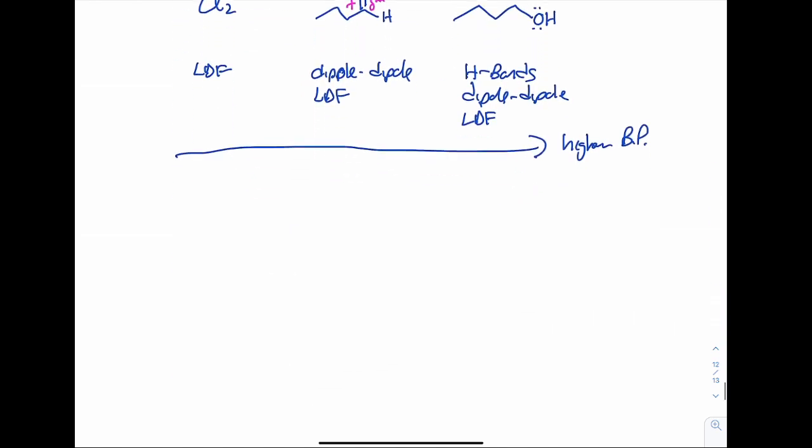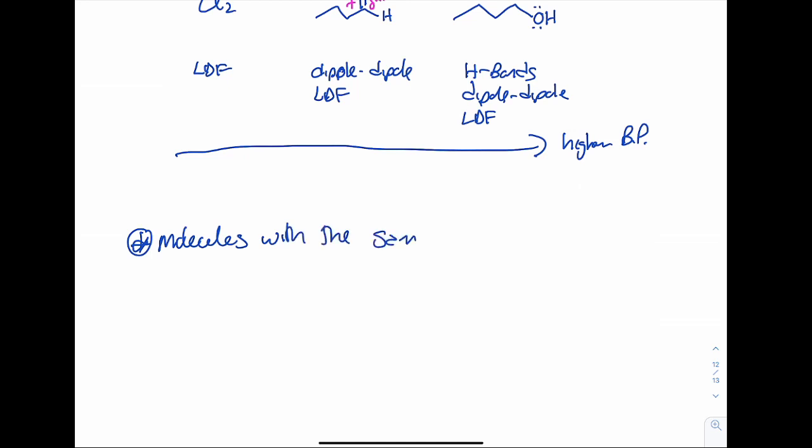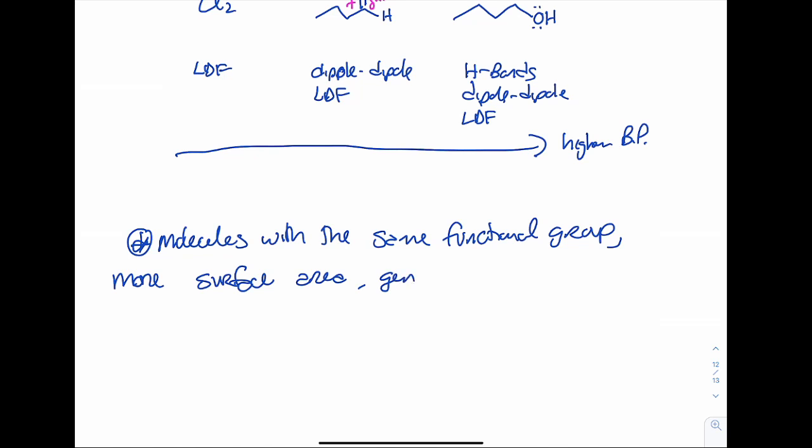If you have molecules that have the same functional group, so if we were to compare one alcohol to another alcohol or one aldehyde to another aldehyde, more surface area generally means a higher boiling point.